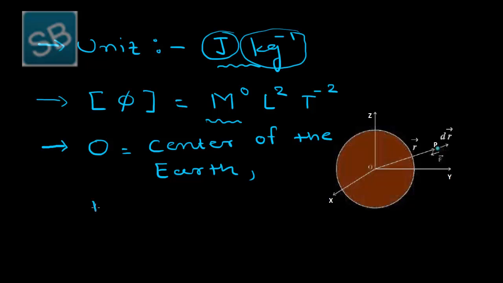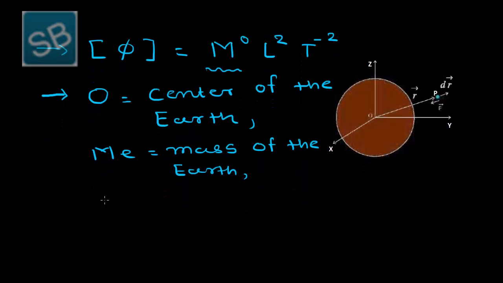The mass of the Earth is Me, and Re is radius of the Earth.